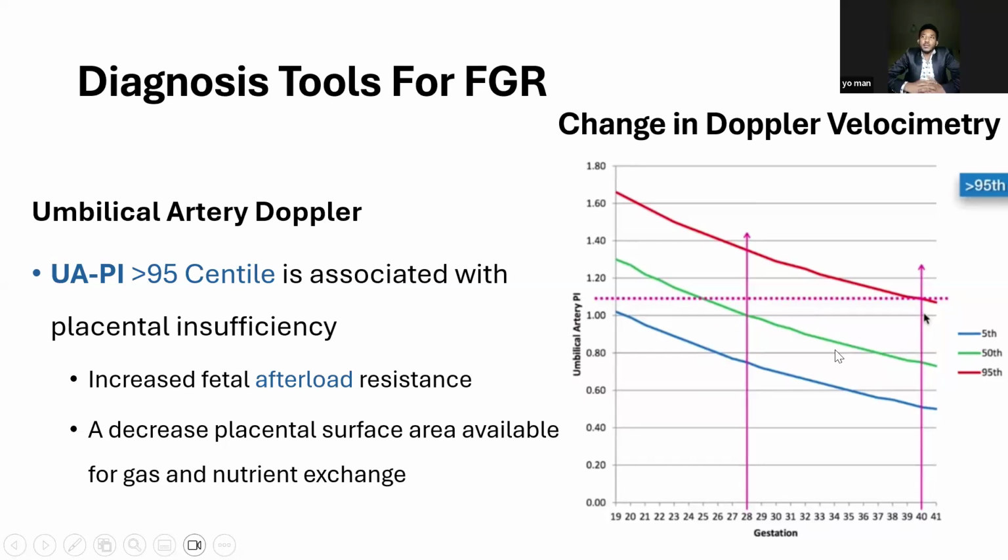So what I'm going to tell you is: do a Doppler of the umbilical artery or any other artery. If you find a PI below 1.1, irrespective of the gestational age, then don't check the graph. It's normal. It's always normal, irrespective of the gestational age.